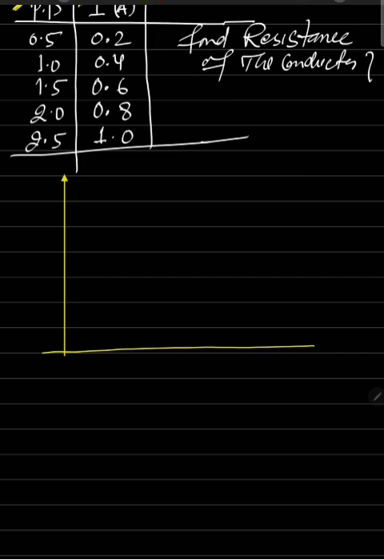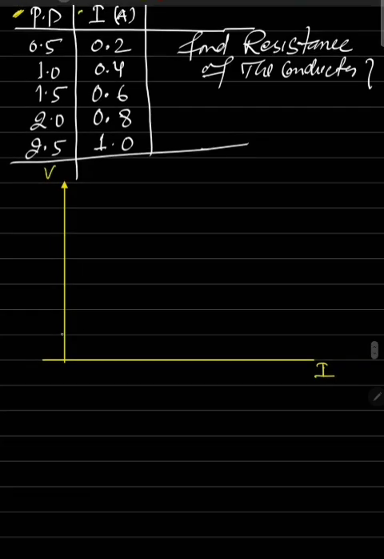I am roughly drawing this graph. So here, on this side we have to represent current, and on this side we have to represent potential difference. Okay, so our potential difference is 0.5, 1, 1.5, 2, then 2.5.